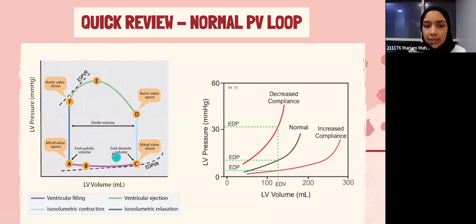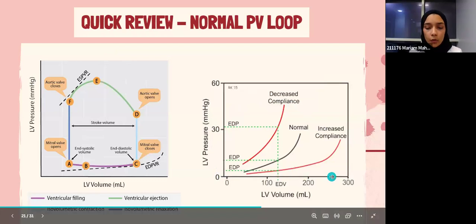And here you can see the end diastolic volume, the volume from the filling of the ventricle. The difference between them is the stroke volume. Here in this diagram you see the pressure against the volume, and how does the compliance affect them?